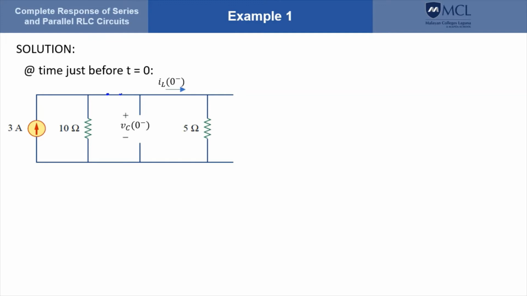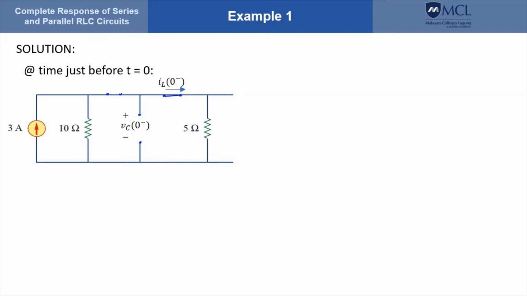Now the inductor, this circuit here is at steady state. So meaning the inductor is like a short circuit and the capacitor is an open circuit. There will be current flowing through the inductor, and we call it I sub L of 0 minus, with a negative symbol on the upper right.